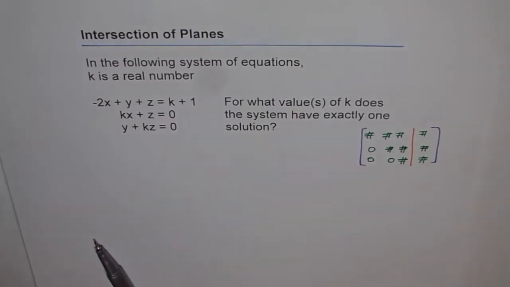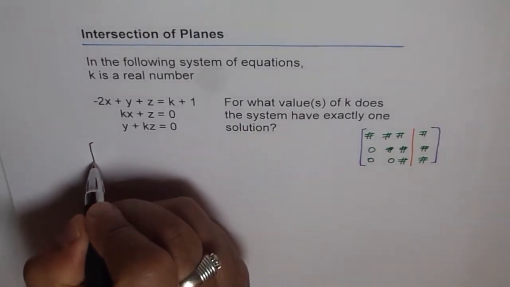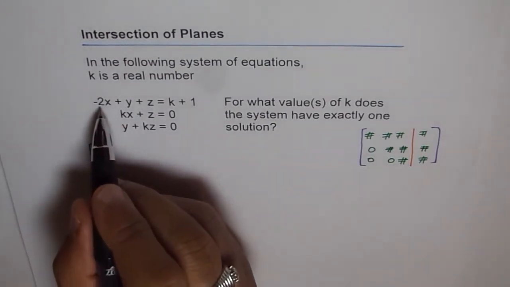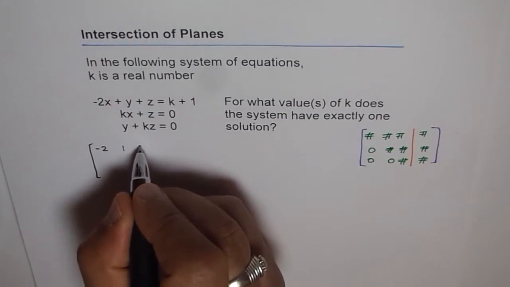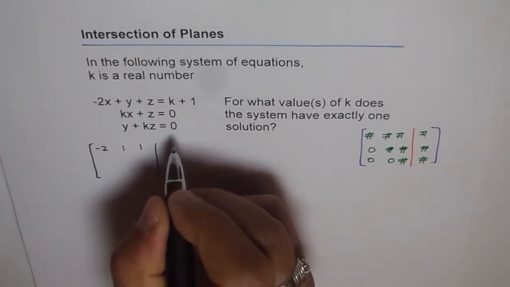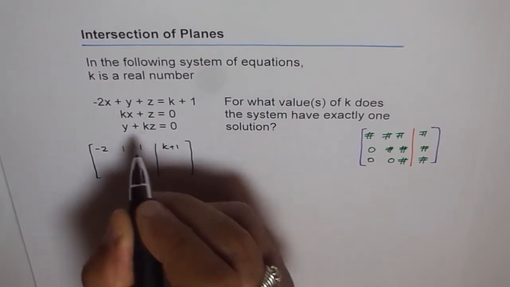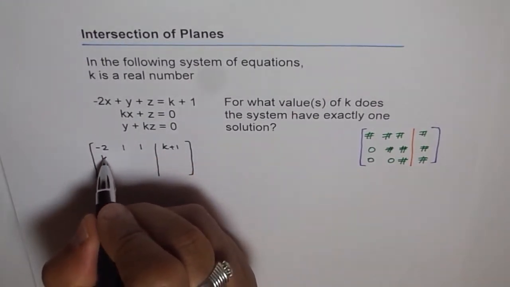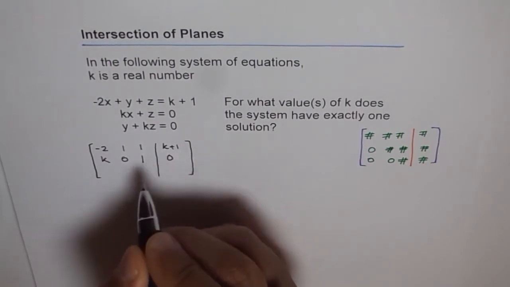So let's now write down the augmented matrix and then see how to reduce it to that stage. So here, minus 2, 1, 1, and then here we have k plus 1. Correct? Now the coefficient of x is k for us, y is 0 for us, and z is 1, and this is 0. Right?